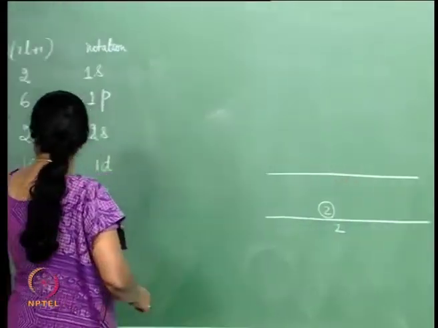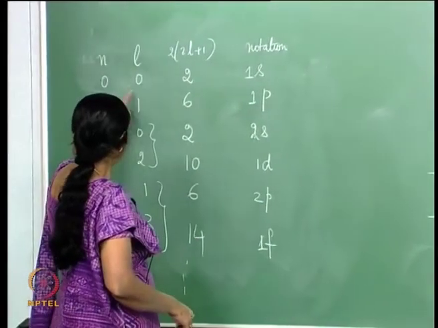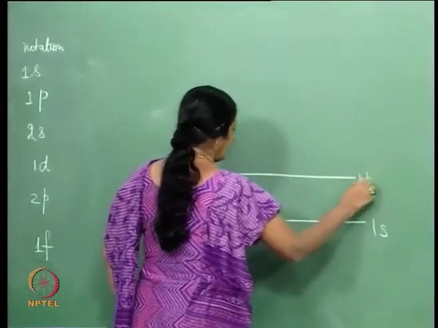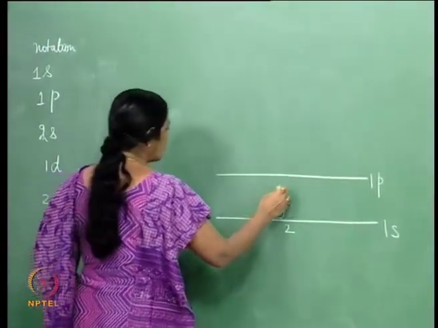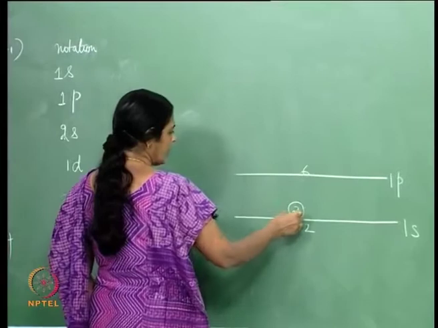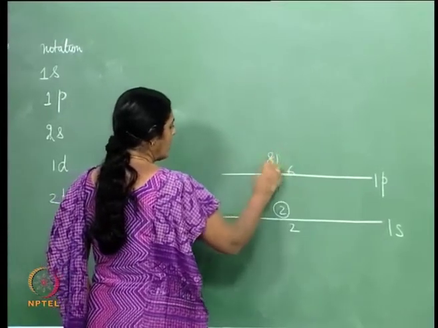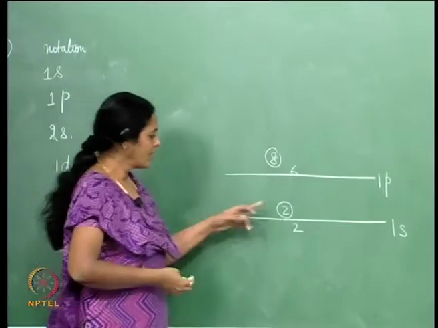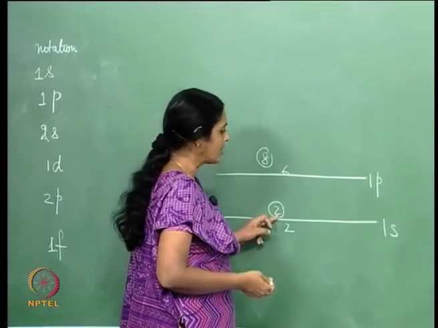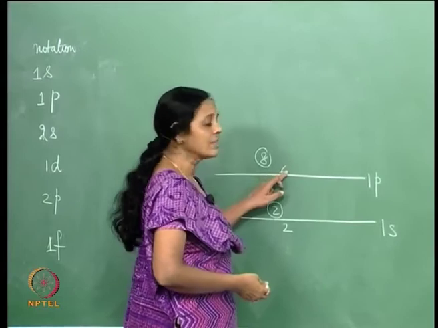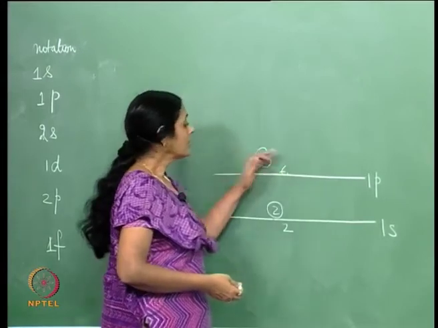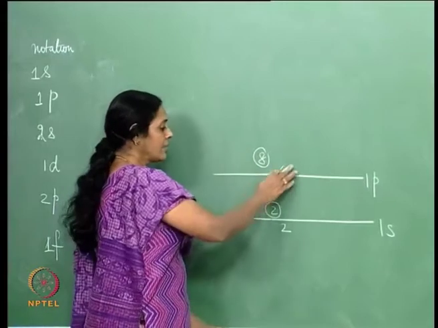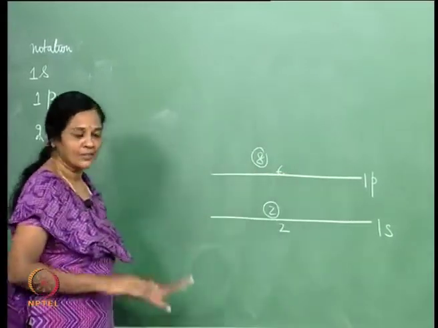Then of course, I go to the 1p state, and here I can put in 6 particles. So, there is a total of 8 particles now. So suppose I started with 8 protons, I'll put 2 in the 1s state, the L is equal to 0 state, and 6 in the 1p state. There is no more, the outermost shell now is the p state, and there is no space to put in more particles. That's it.